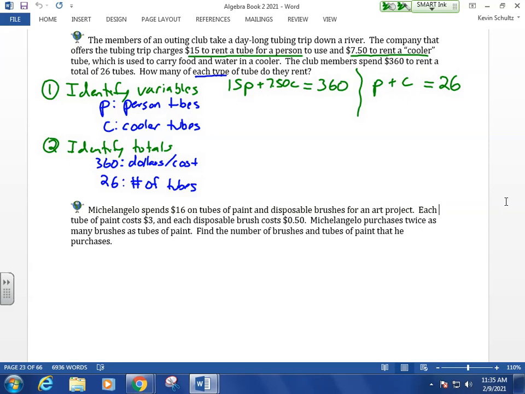And now again, from here, it's just a solving piece. And it's actually set up very, very similarly to the top one, where you can decide whether you want to get P or C alone and then substitute that in. Okay. So we'll isolate P. We're going to subtract C from both sides, and we get P equals negative C plus 26.